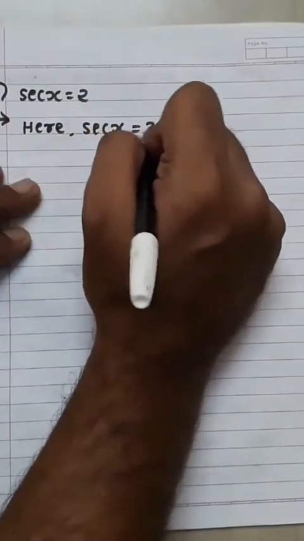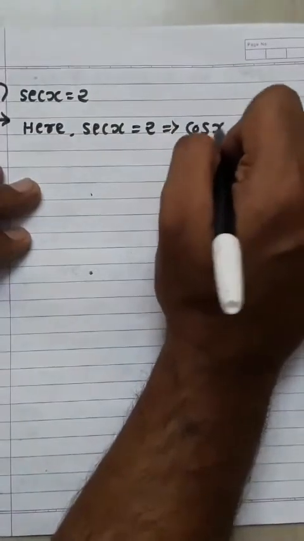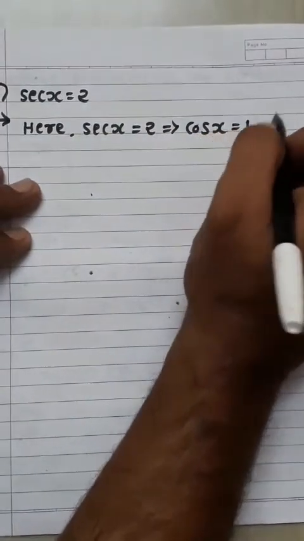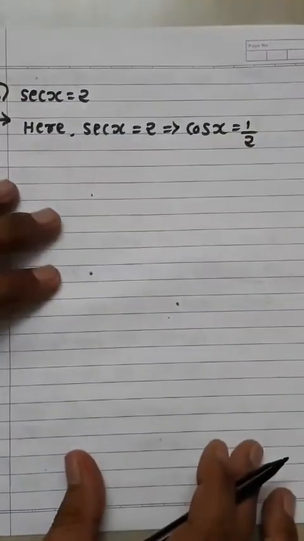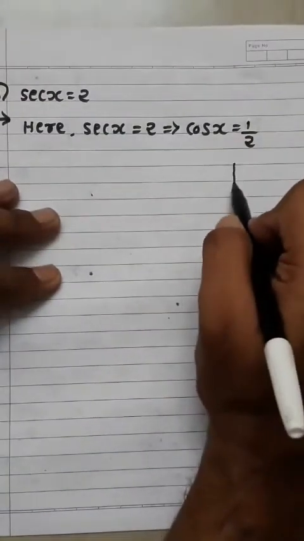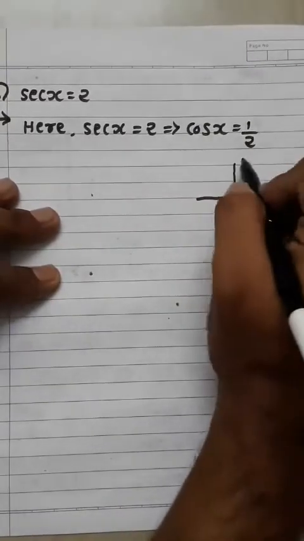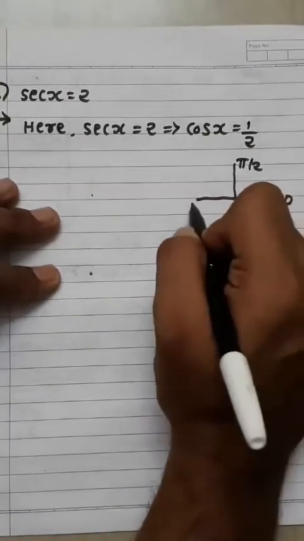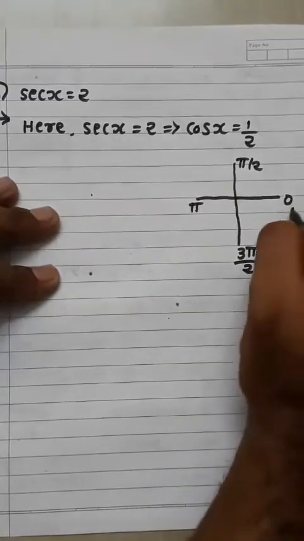sec x is equal to 2 implies cos x is equal to 1 by 2. Now cos is positive in the first and fourth quadrants. So here 0, pi by 2, pi, 3 pi by 2 and 2 pi.